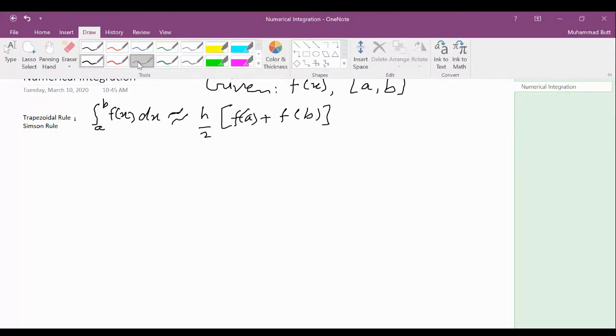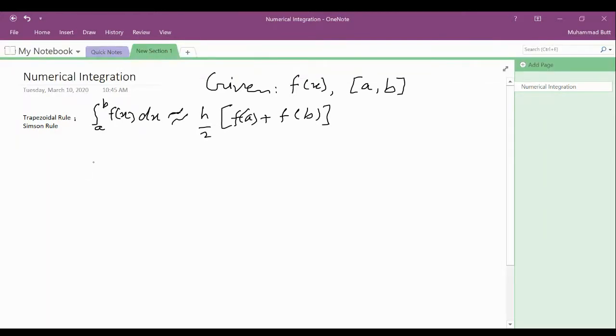The Simpson rule: the integral from a to b of f of x dx is approximately equal to h over 3 times f of x naught plus 4 times f of x1 plus f of x2.